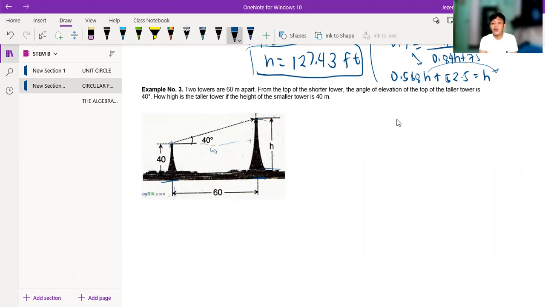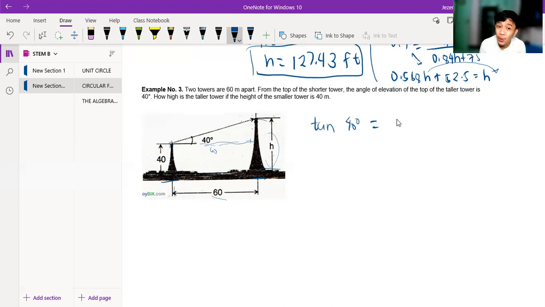Okay? So, paano ang gagawin natin? Wala na naman tayong hypotenuse, meron na naman tayo ay adjacent, at ang hinahanap natin ay opposite. Therefore, tangent ulit ang gagamitin natin. And tangent 40 degrees. Of course, 40 degrees yung given sa atin. Okay? And then, sir, ang opposite po is, ano po sukat nun ni H po ay buo naman yung tower.